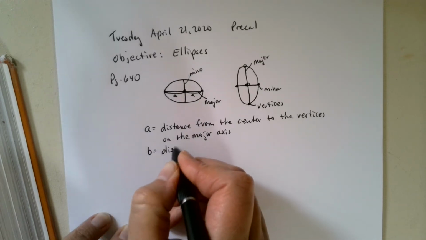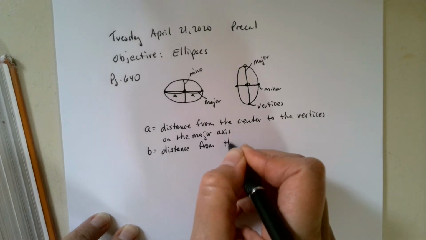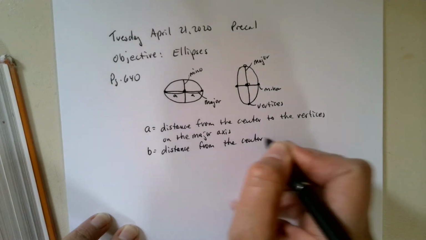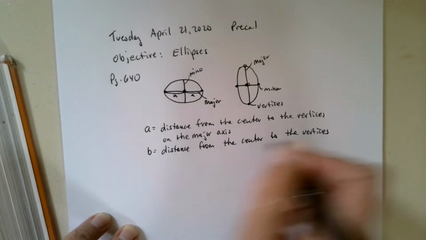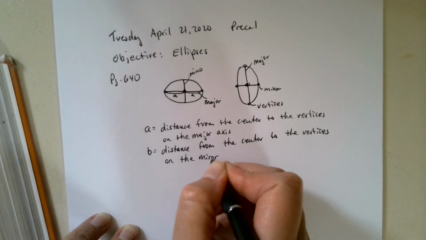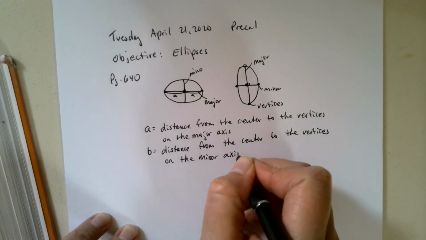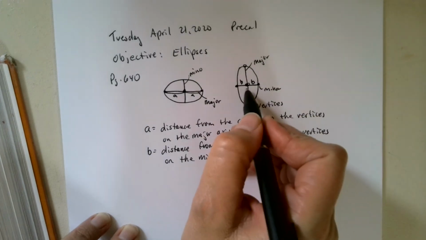b will represent the distance from the center to the vertices on the minor axis. And so in the shorter distance, that's going to represent b.